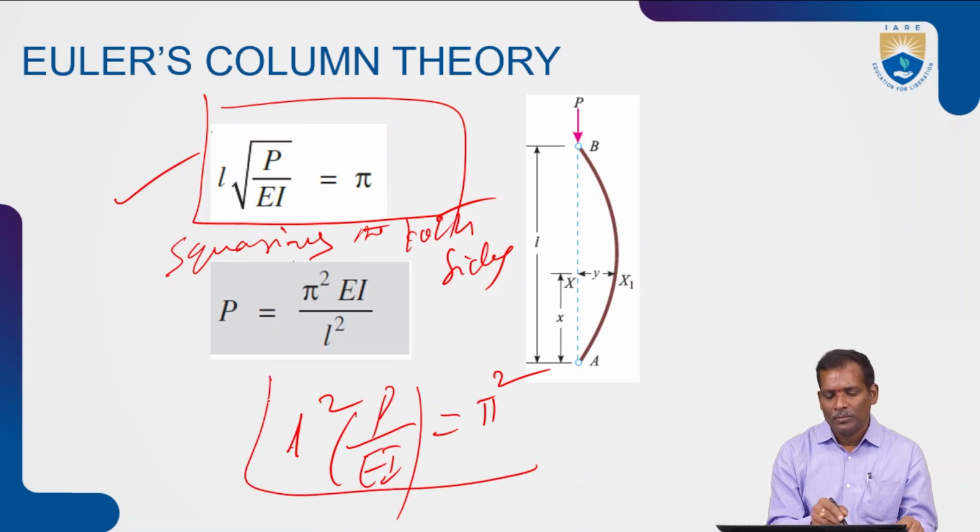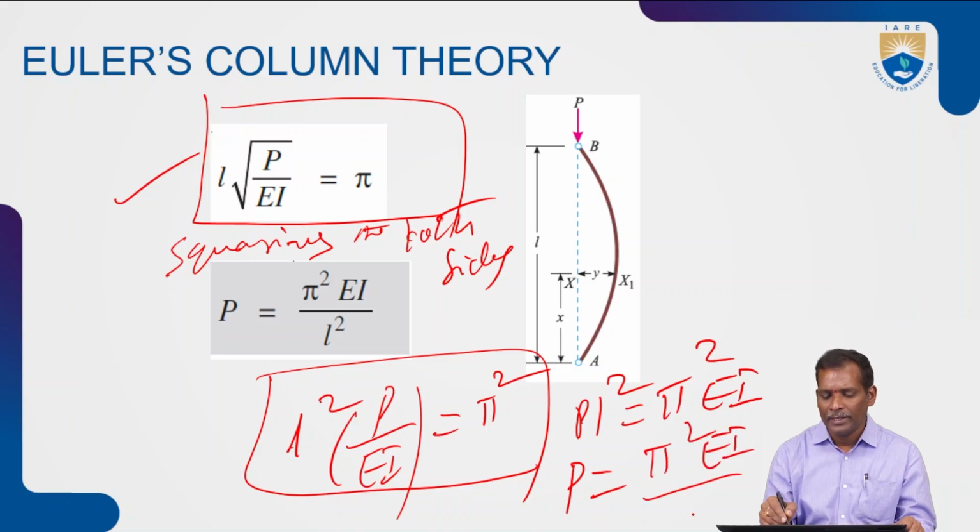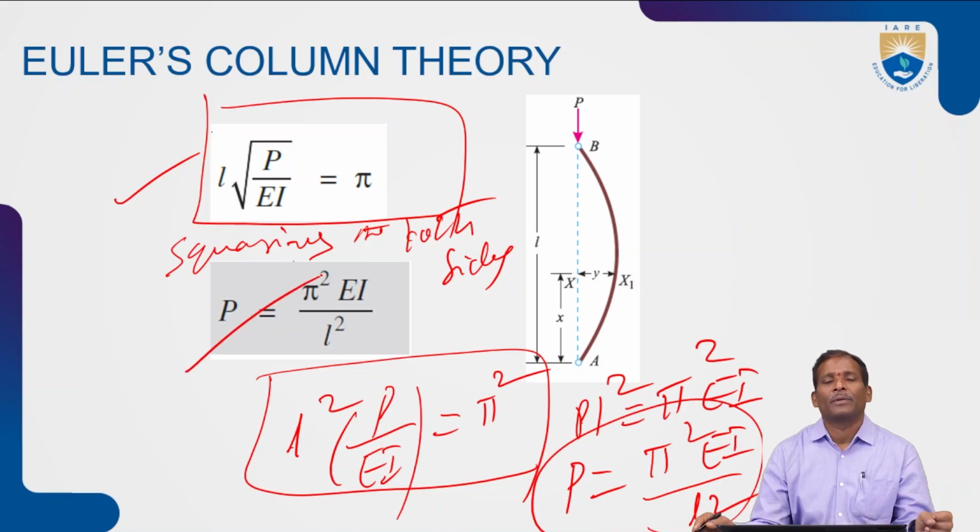Now, from this equation, P L square is equal to pi square EI. So the buckling load or crippling load P is equal to pi square EI by L square. So this is how the equation is derived.